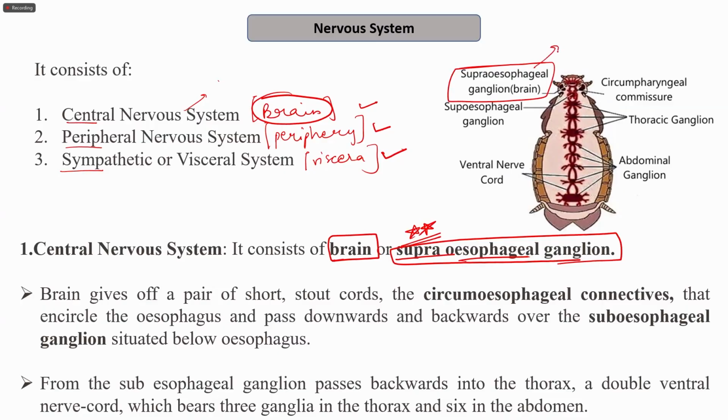This is a part of the central nervous system, CNS, and it gives a pair of short stout cords, the circumoesophageal connectives, which are also known as circumpharyngeal commissures. These encircle the esophagus and pass downwards and backwards over the subesophageal ganglion.